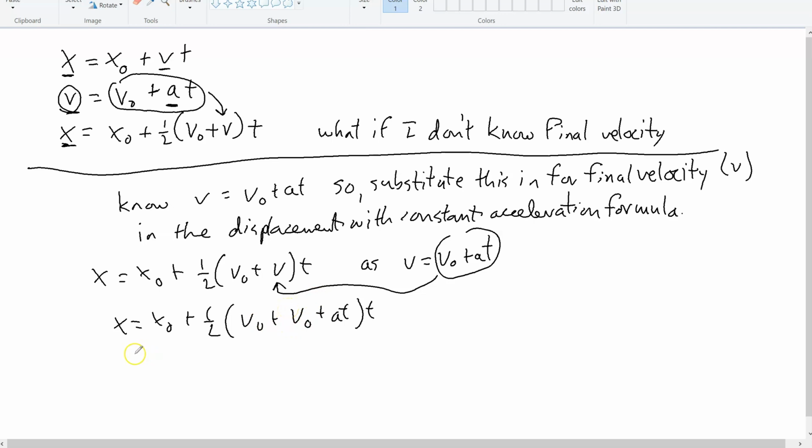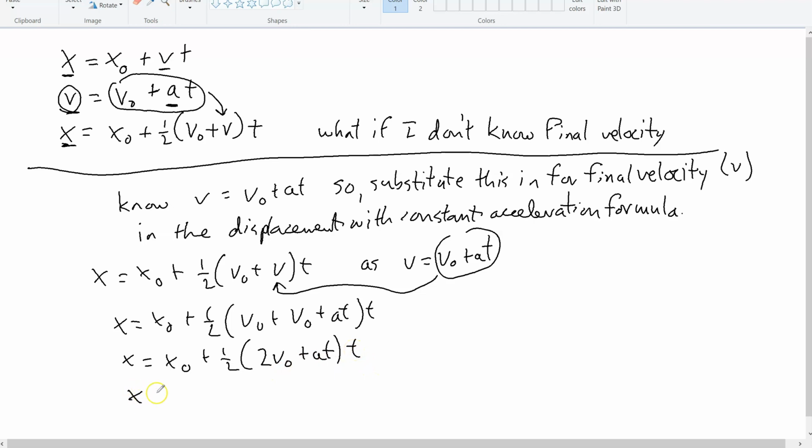So I can say that x equals x0 plus 1/2 times 2 V0 plus at times t. Now for this first term here, 1/2 is going to cancel out the 2. So I'm just going to end up multiplying V0 times time, right?